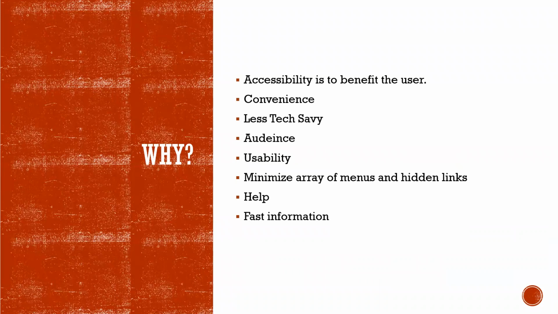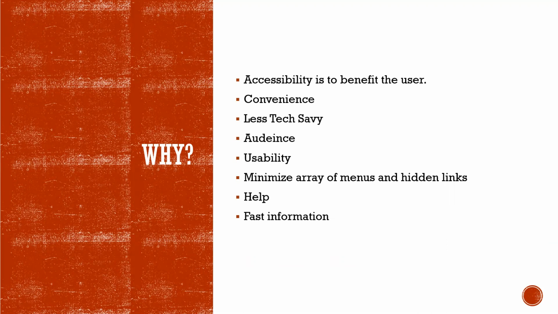So accessibility, maybe you're thinking, why is this important? Well, here we go. Accessibility helps benefit the user. It makes it convenient for people to use, and somebody that's less tech savvy than you are can be able to use it as well. You really want to keep your audience in mind.